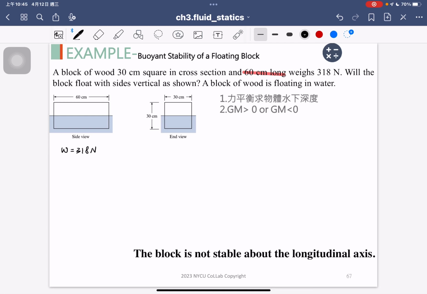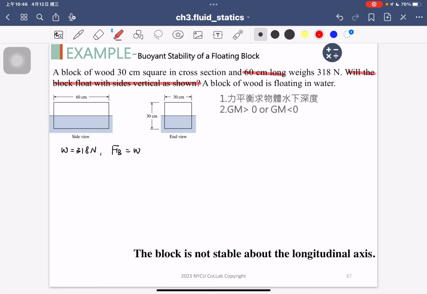Because the wood is floating on the liquid surface, we can assume it is balanced, so the buoyant force will equal the total weight of the wood, right? Because the wood just stands there. Then the question we need to answer is: will the block float with the side vertical as shown? That indicates whether, in this condition, the block is stable or unstable. So you need to predict the stability problem in this case.